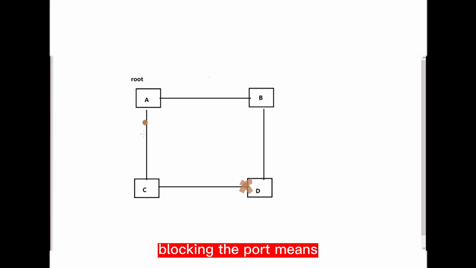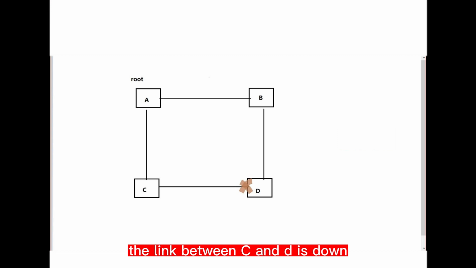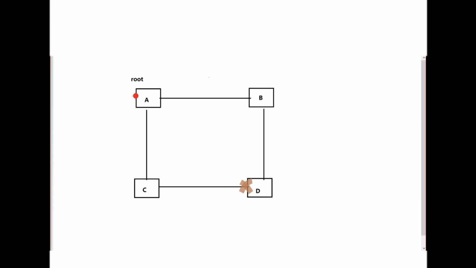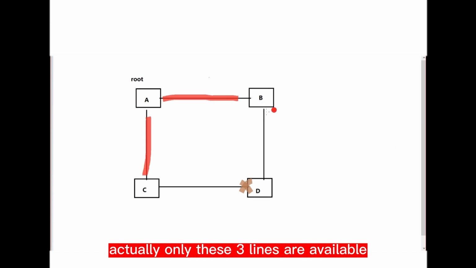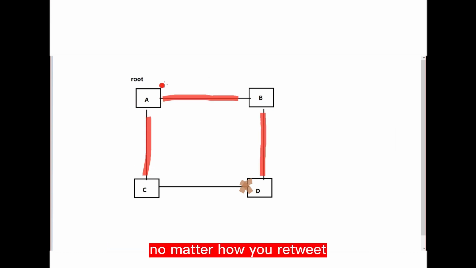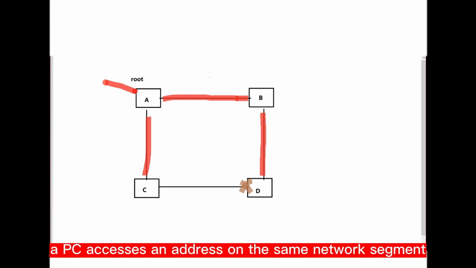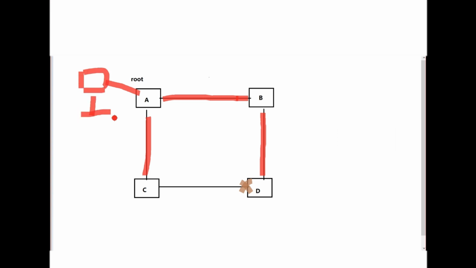Blocking the port means that if in the entire topology the link between C and D is down, then when I do data forwarding, actually only these 3 links are available. No matter how you retransmit, no matter what message is sent, for example, a PC accesses an address on the same network segment and sends an ARP broadcast.